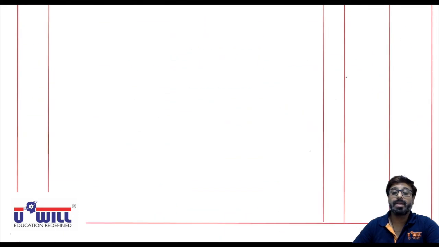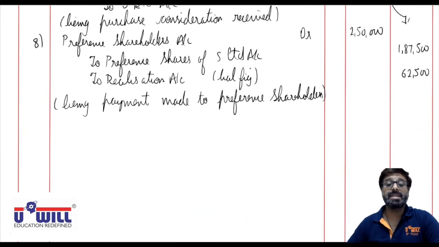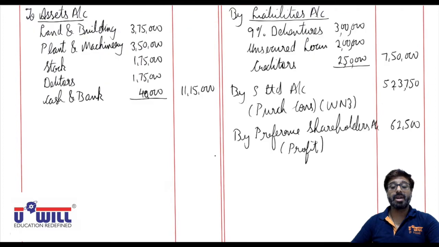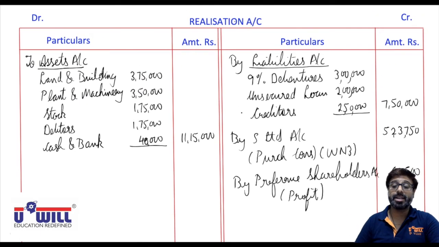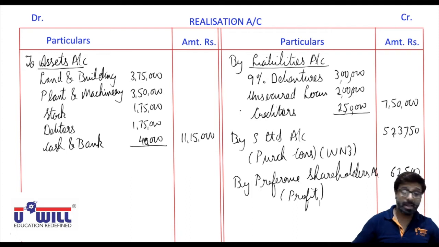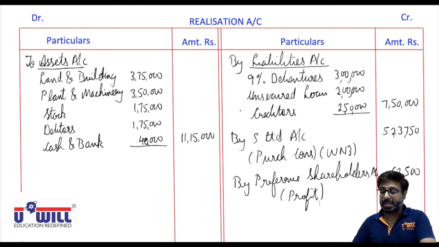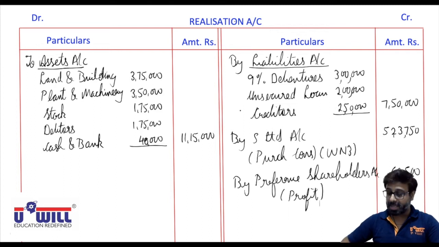Okay, now after that we have the steps. Realization will be transferred to equity shareholders, then all other accounts will be transferred to equity shareholders, and equity shareholders must carry. So realization account credit side is more. First we do credit side total 7,50,000 plus 523,750 plus 62,500.